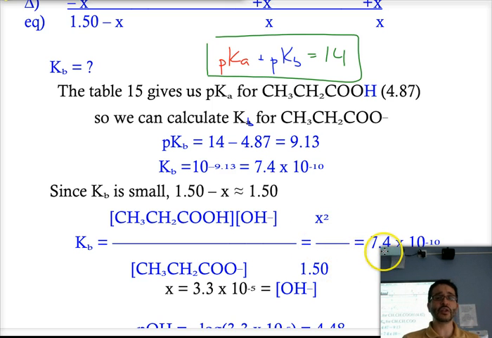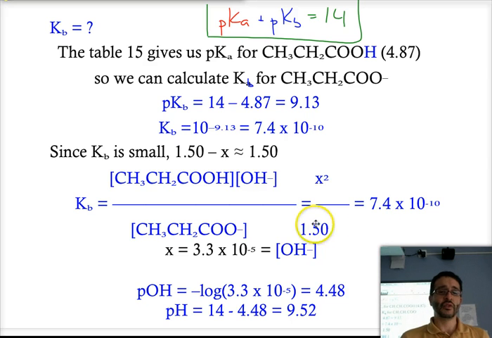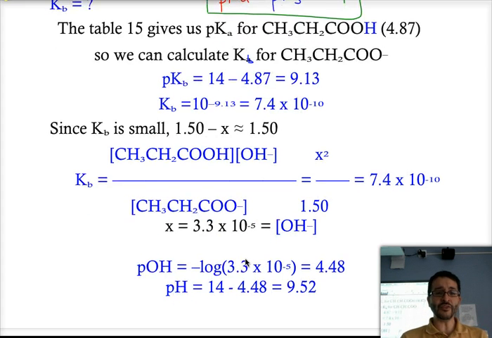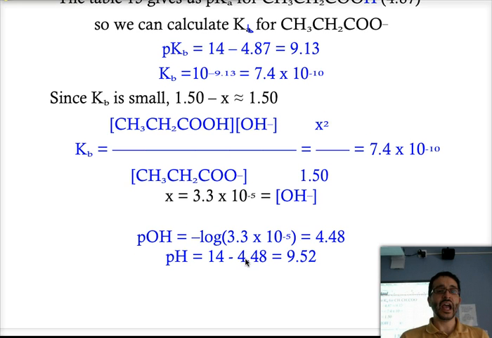And that's going to be equal to our equilibrium constant Kb, 7.4 times 10 to the negative 10. When we calculate the value of X, we basically multiply 1.5 times 7.4 times 10 to the negative 10 and then square root it. We get that the value is 3.3 times 10 to the negative 5. And that's going to be equal to the concentration of the hydroxide ion.